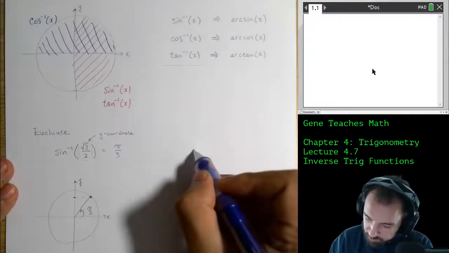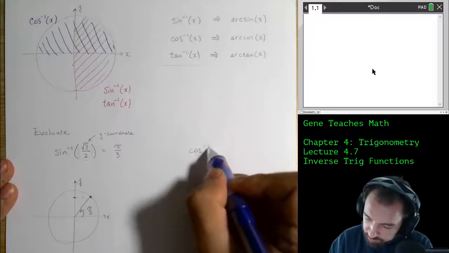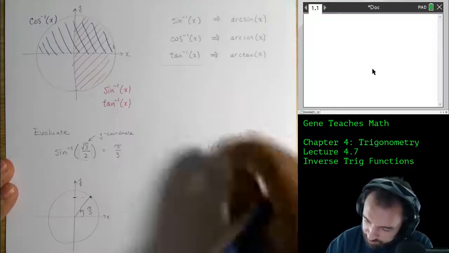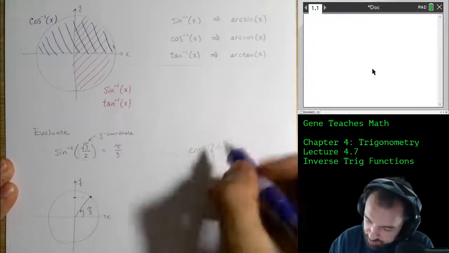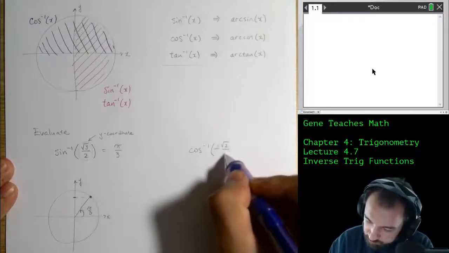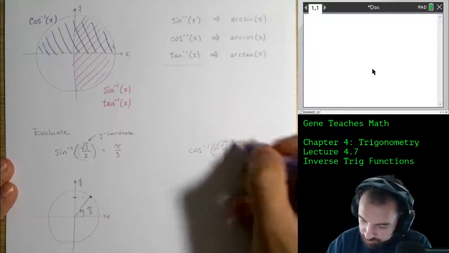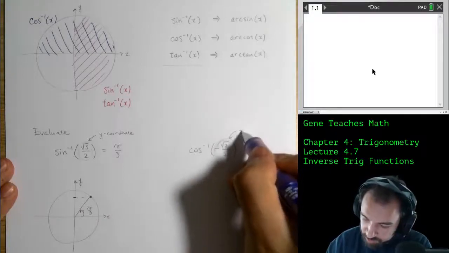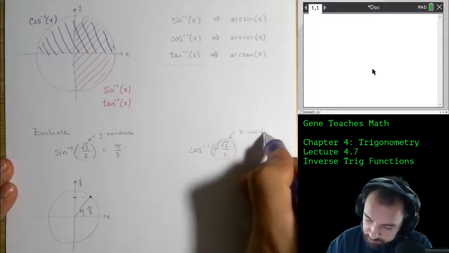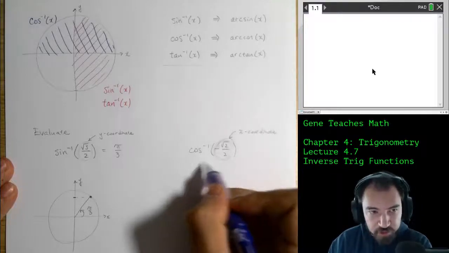What if we want to know cosine inverse of, and we'll go with a negative this time, negative root 2 over 2. Well, this thing in the parentheses right here, this is going to be the x-coordinate in the unit circle, because we're dealing with cosine inverse.